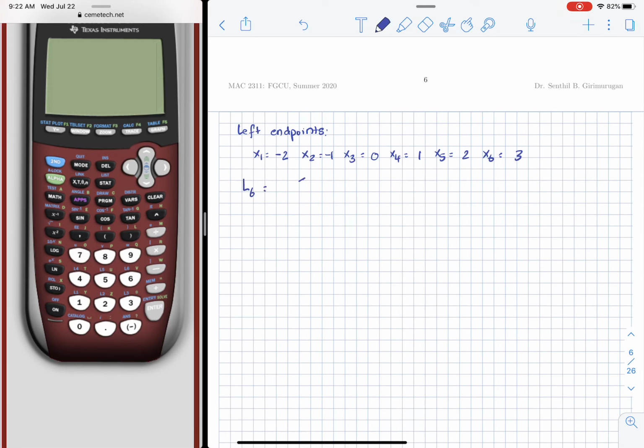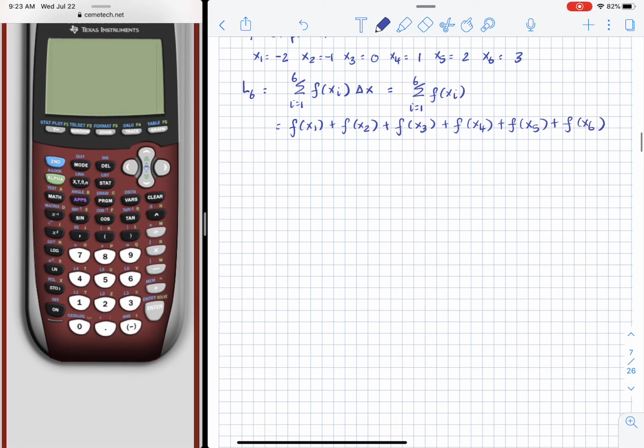So L6 is the sum from i equals 1 to 6 of f of xi times delta x. Delta x is 1, so that is f of x1 plus f of x2 plus f of x3 plus f of x4 plus f of x5 plus f of x6. So we get f of -2 plus f of -1 plus f of 0 plus f of 1 plus f of 2 plus f of 3.